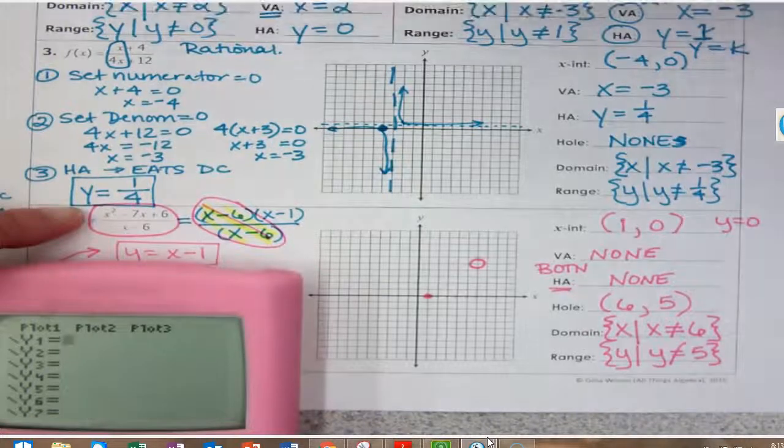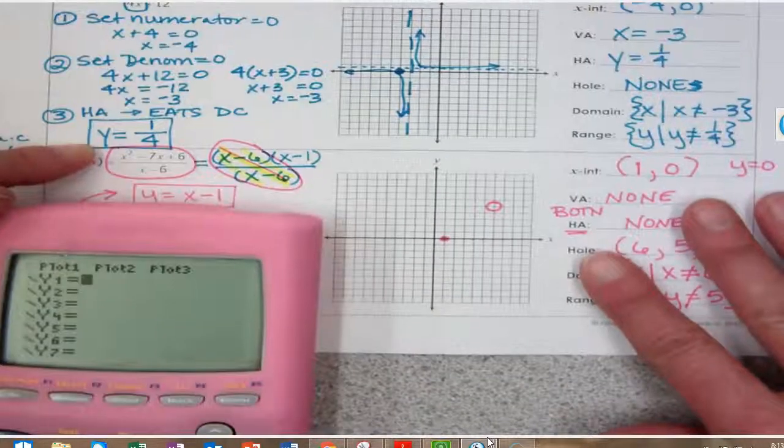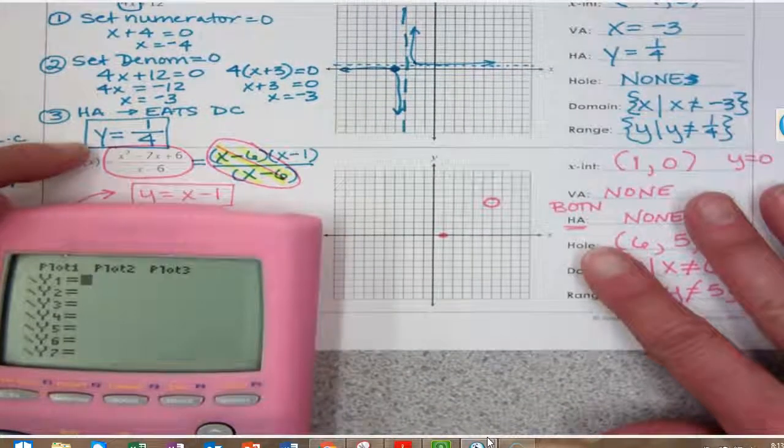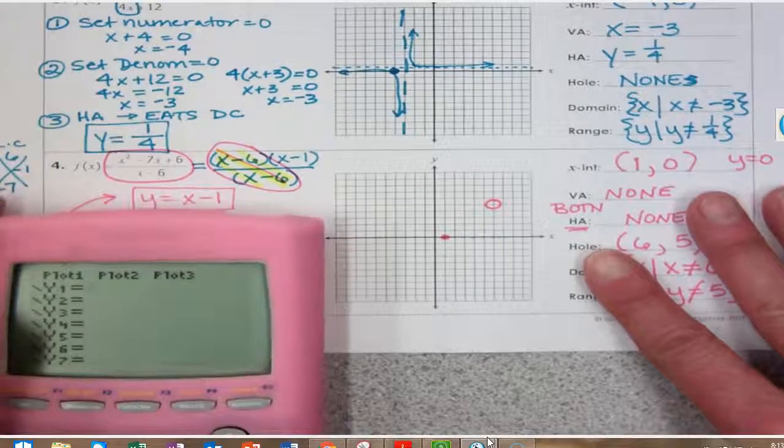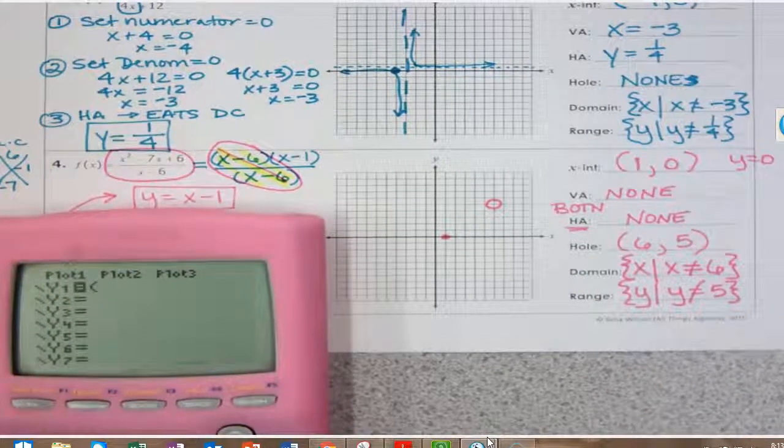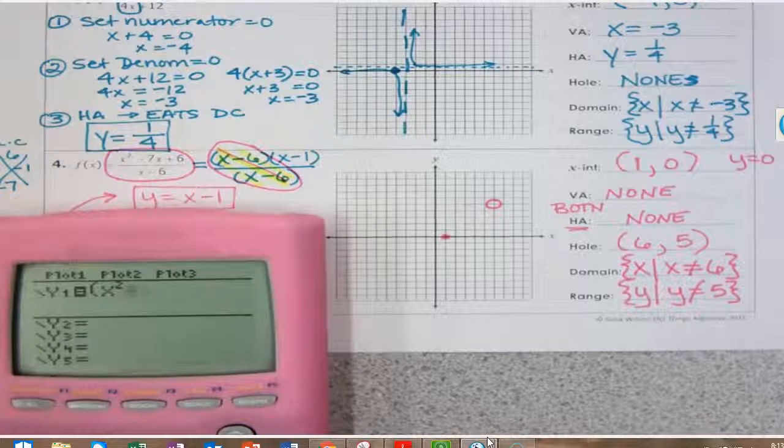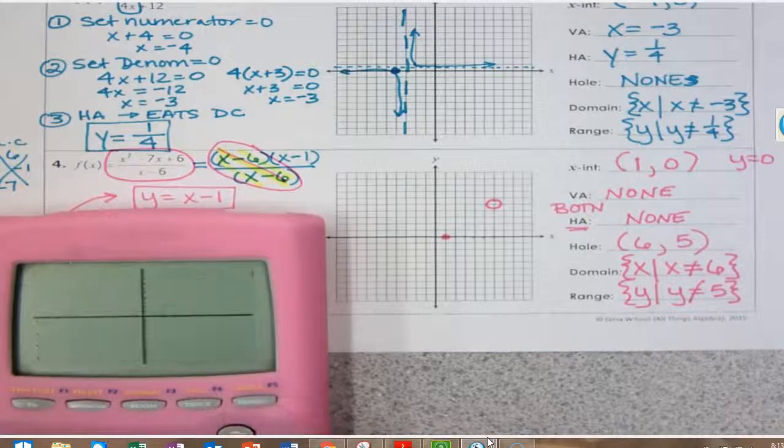I'm not going to put in the simplified equation because I want to make sure that what I'm thinking is going to match that. So I'm going to put in parentheses x squared minus 7x plus 6 and the parentheses divided by parentheses x minus 6 and the parentheses and graph that, and what do I get?